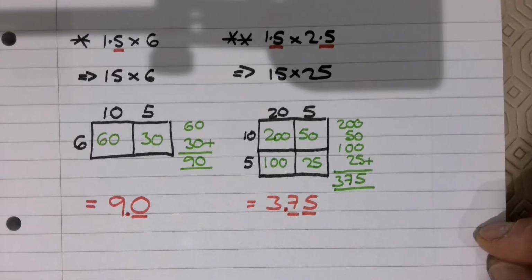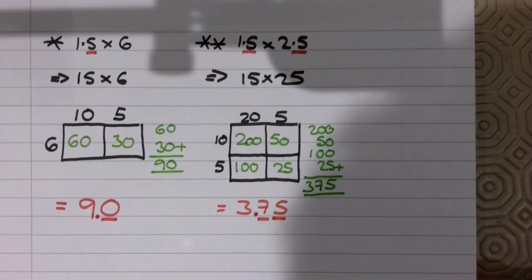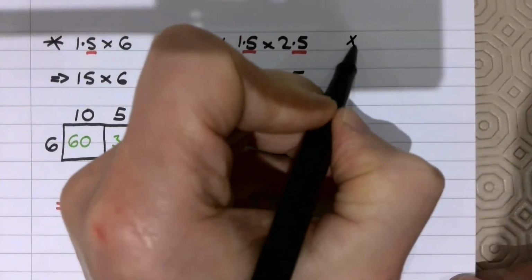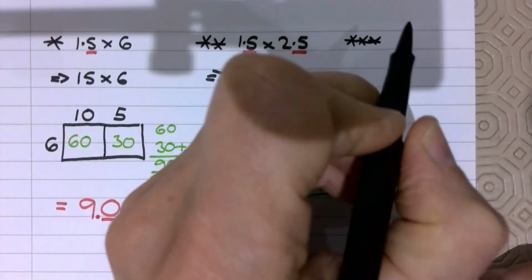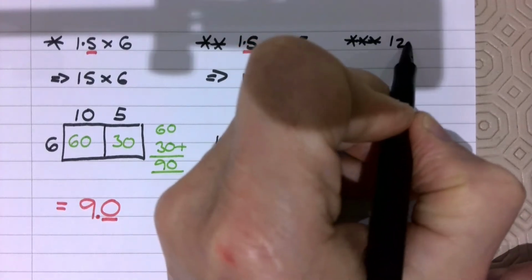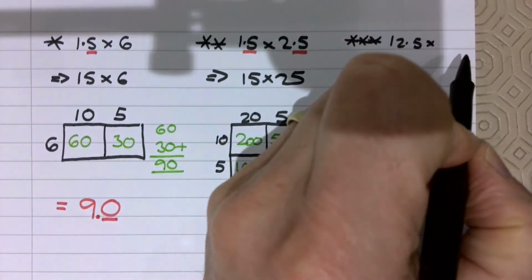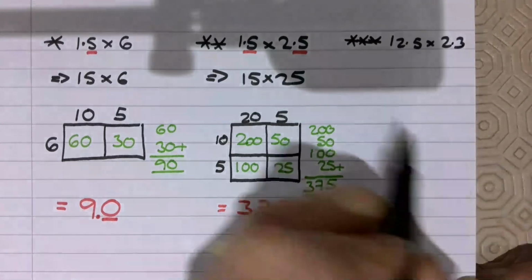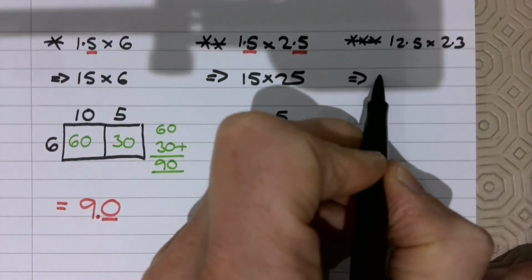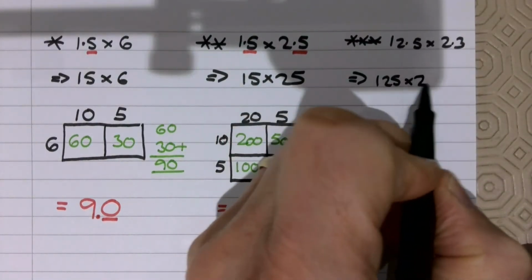So if we go and have a look now at the 3 star question, we're going to do 12.5 times 2.3. So if we take the decimal point out, that's 125 times 23.